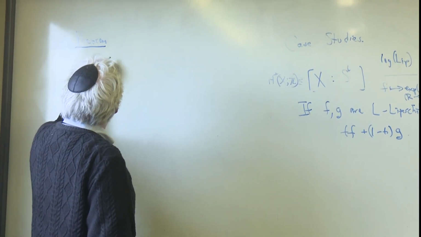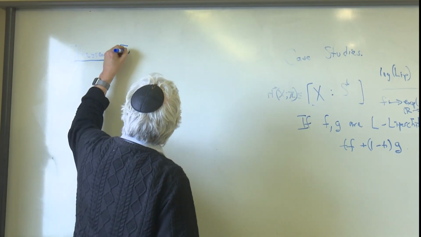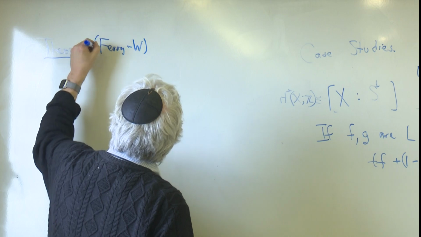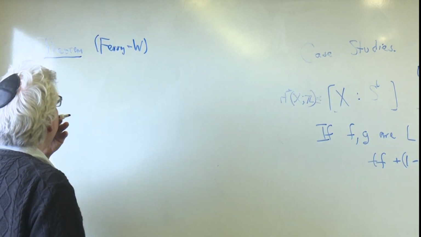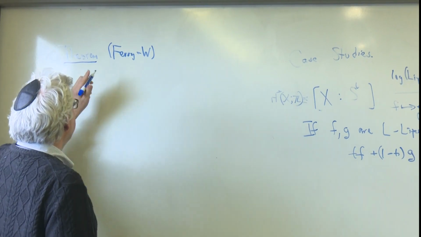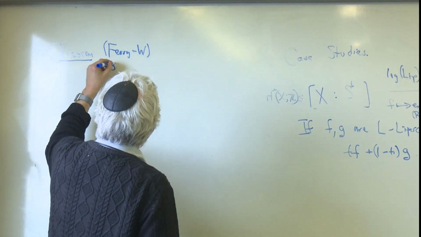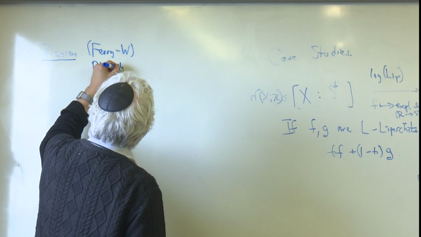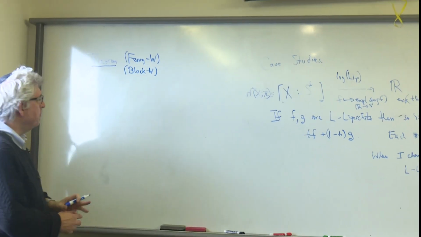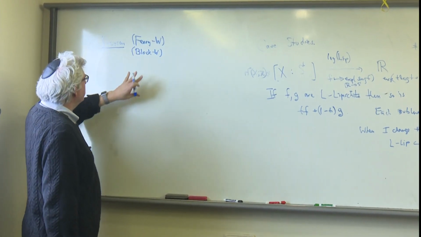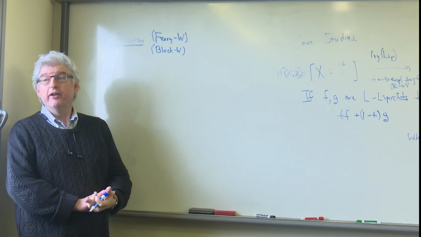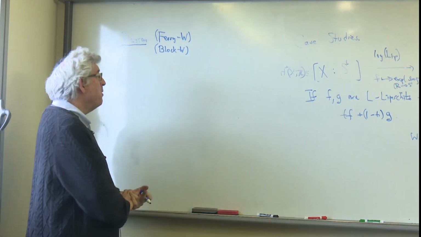Okay, so here's a theorem of Steve Ferry and myself. I'm going to tell you a more recent version, which is due to Jonathan Block and myself, just because this version fits into the terminology that I introduced better.